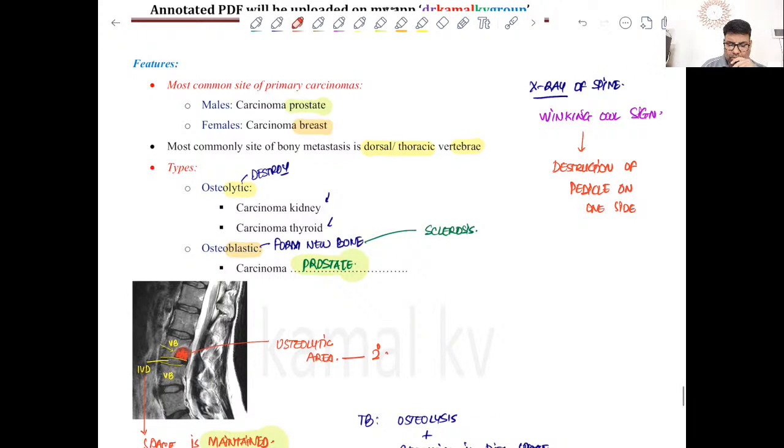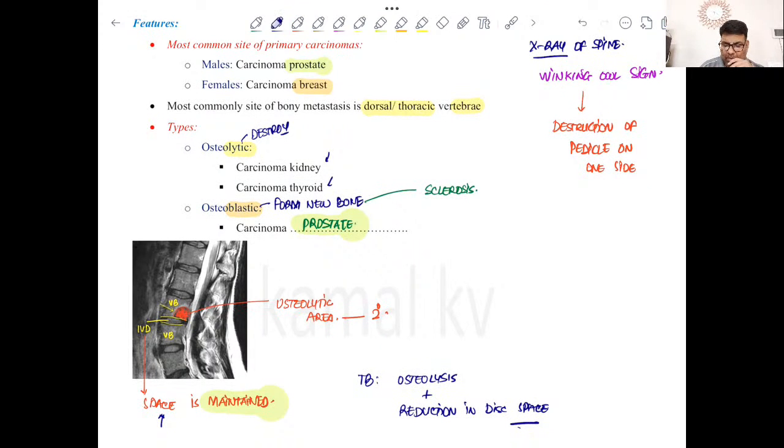Right? So usually when we take an AP view, now this is on AP view, the pedicles are seen something like this. This is normal. But what happens in metastasis, one of the pedicles will be here and another will be damaged like this. So this is the winking owl sign.